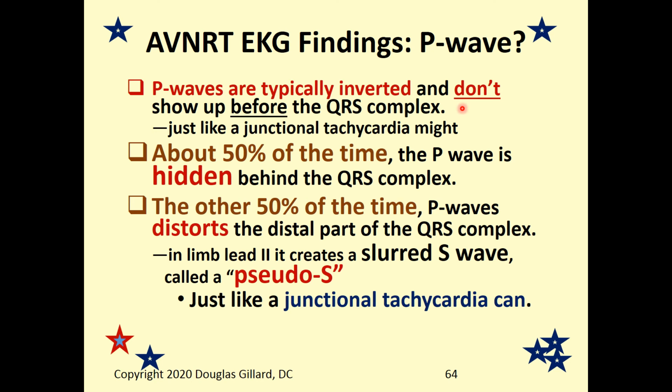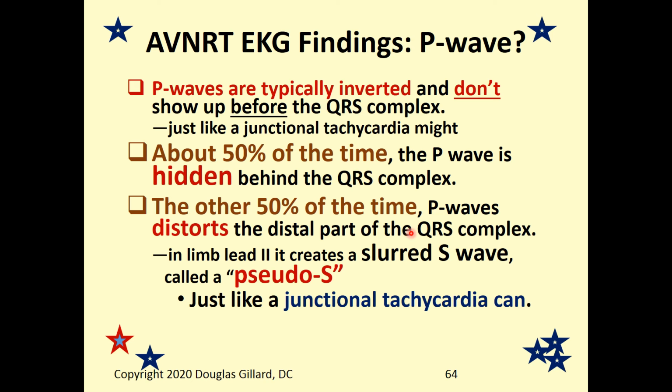EKG findings are very similar to a junctional tachycardia. P waves are typically upside down, inverted. They typically don't show up before the QRS complex. About 50% of the time, the P wave is hidden behind the QRS complex, very difficult to tell apart from PJC or from junctional tachycardia.